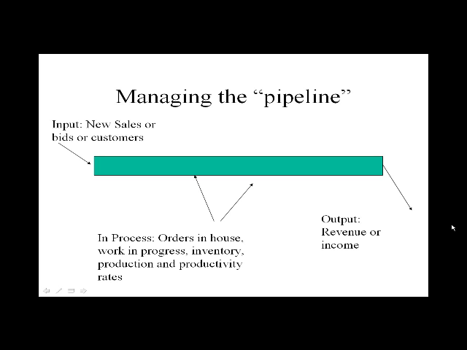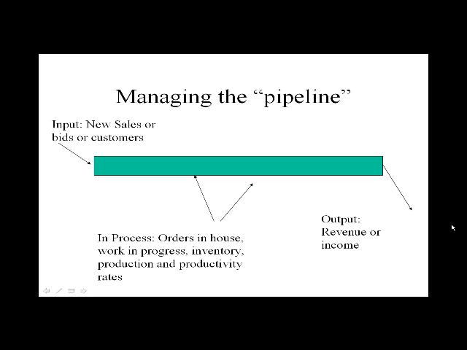Or maybe it was back at the left-hand, the beginning end of the pipe. Maybe not 2 months ago, maybe 6 months ago. Not enough sales came in. Not enough proposals were sent out. Not enough telemarketing calls were made. Maybe you didn't get enough orders.